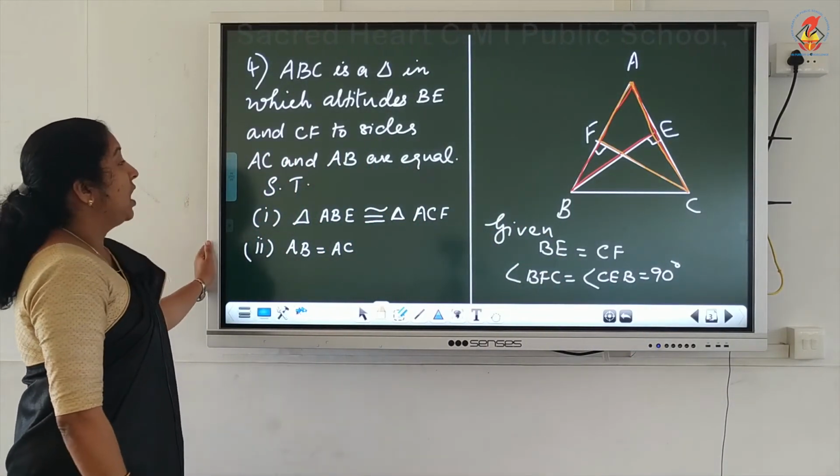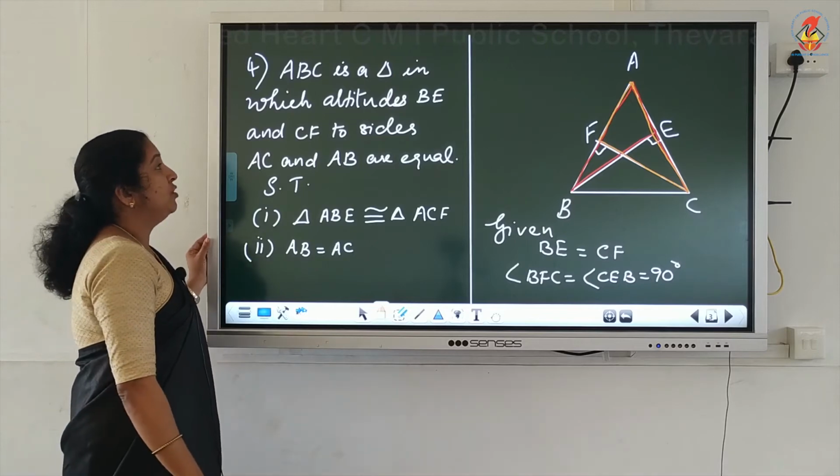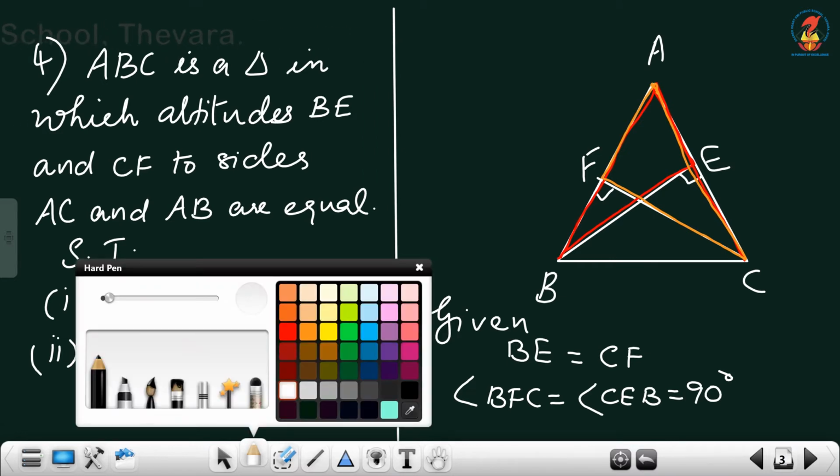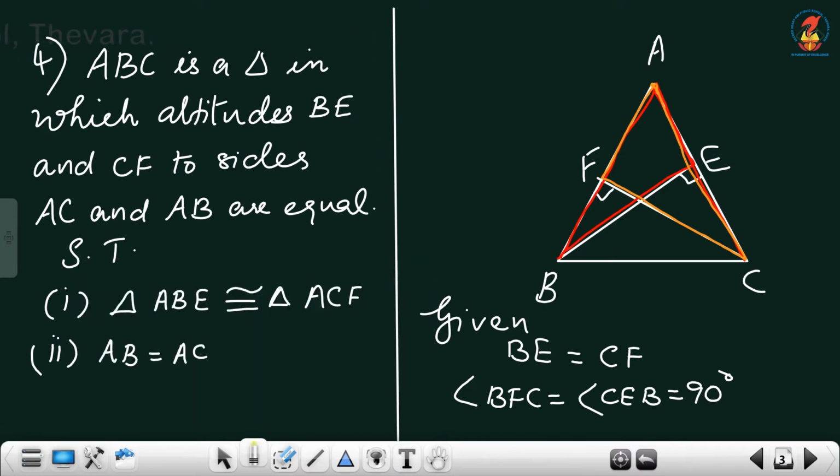Fourth question. ABC is a triangle in which altitudes BE and CF are drawn to sides AC and AB, and the altitudes are equal. What is given here is BE is equal to CF. Both the altitudes are equal.